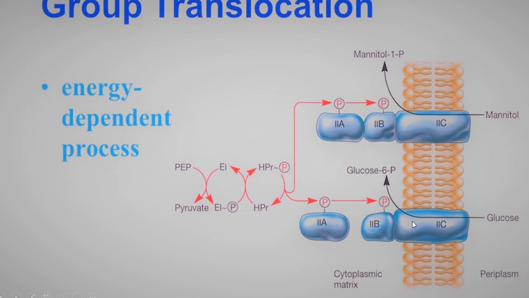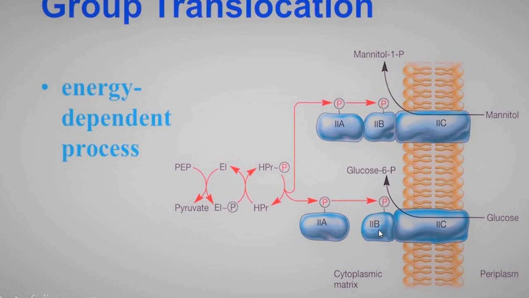Then coming to the location of these components of this PTS system. Here enzyme 1 and HPr and one of the subunits of enzyme 2, that is enzyme 2A, are all going to be present in the cytoplasm. You may think that enzyme 2B is also present in the cytoplasm. Yes, it is also present in the cytoplasm, but it is frequently attached to the enzyme 2C component.